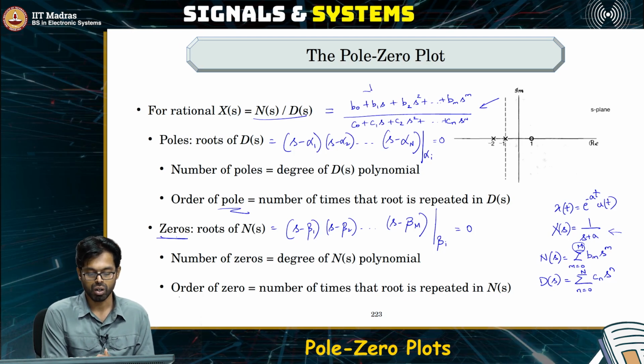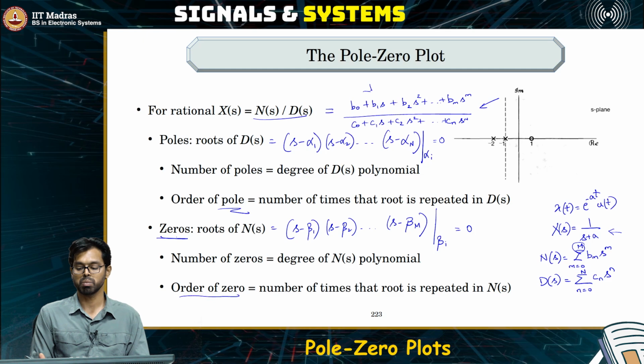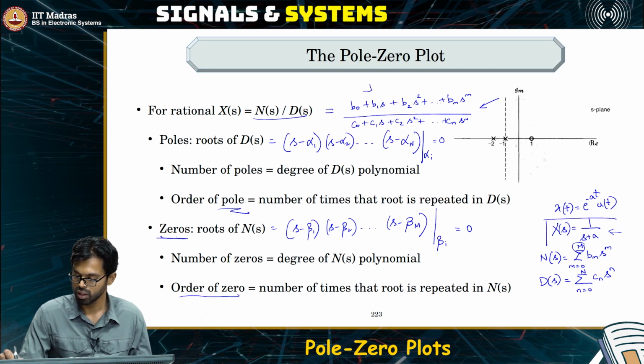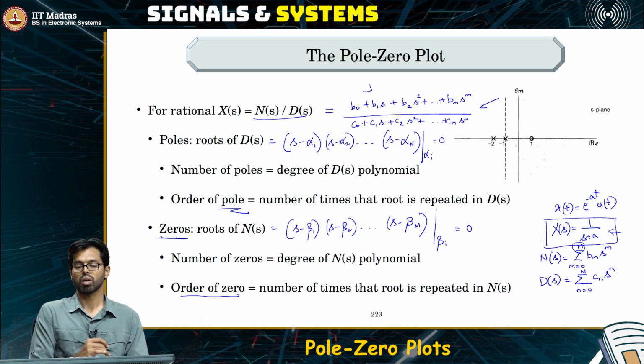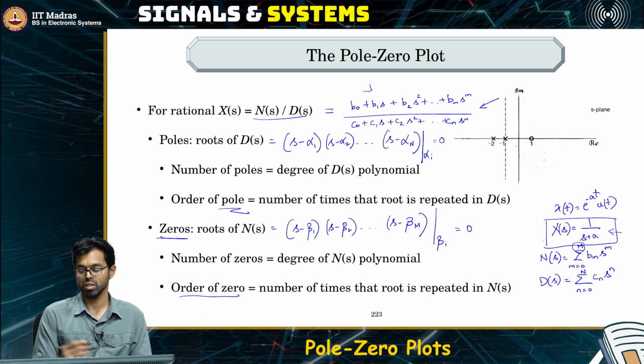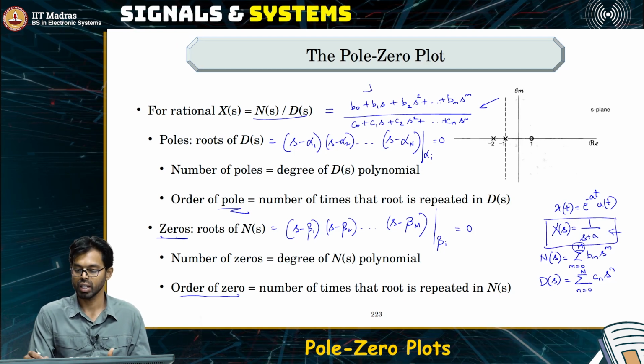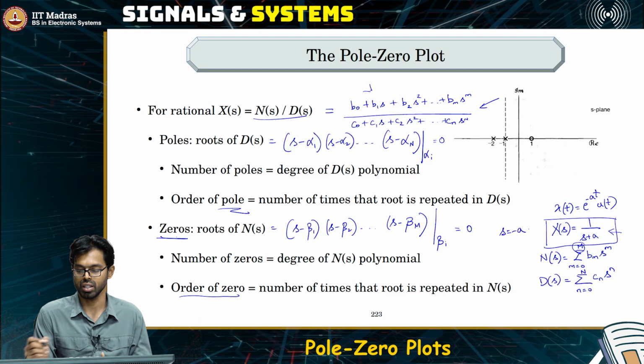Okay. Similarly, the order of a zero is the number of times the root gets repeated for the numerator. So for this example, what are the zeros and what are the poles? In this it has no zeros, so it has only one pole, and that pole is at s is equal to minus a.